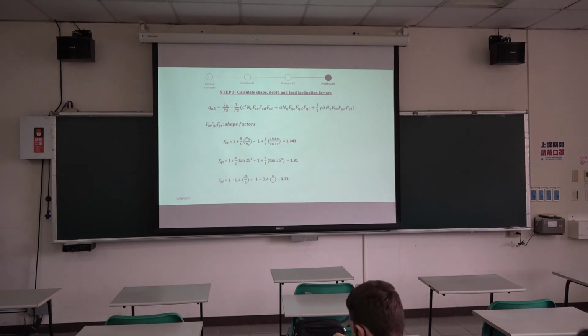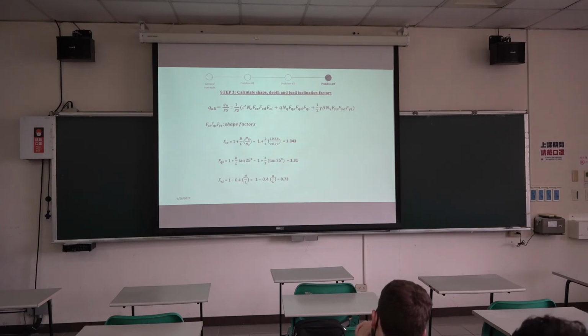The same thing with the next shape factor. The B over L, 2 over 3, tan of friction angle, 25, we get this. And the last one, we get this kind of value. All right? So this is just the same as the first example that we did. The only difference is calculating the surcharge, because of the water table. But the steps after that are all the same. Okay?